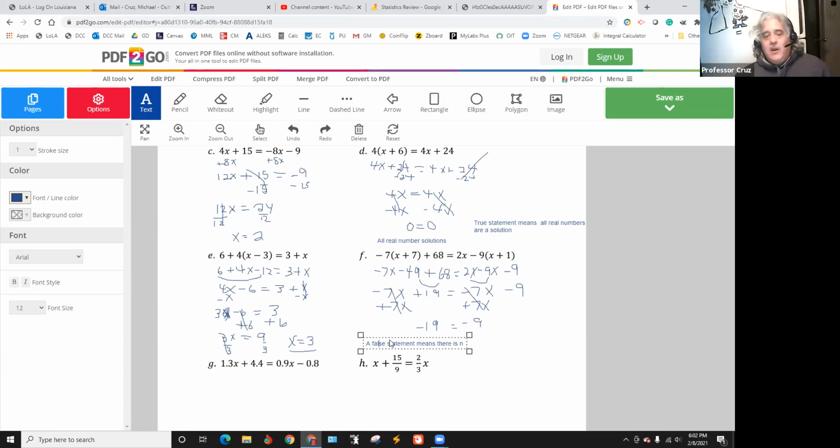In other words, we have no way to figure out what that means. It's not an equation, that's just division. Division by 0 is undefined. But for this, it means there is no solution. Essentially, nothing we put in there is going to make that true. It's always a false statement.